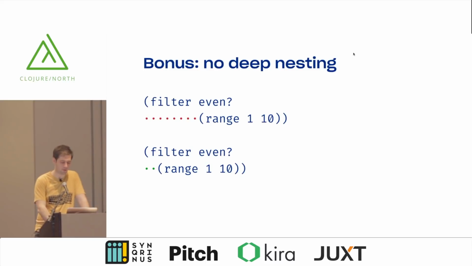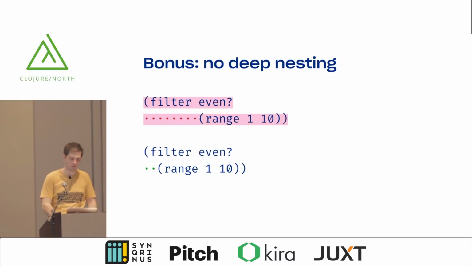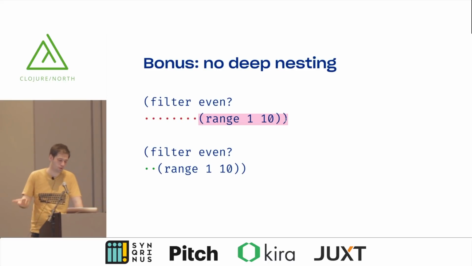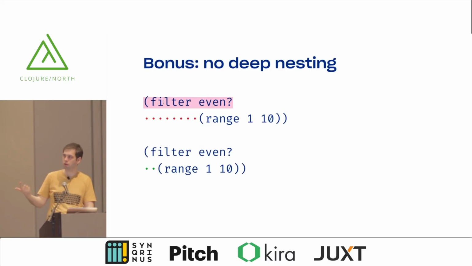With this type of formatting, if you have a long function name, your next form will be moved way too much to the right. This is not a good thing, in my opinion, because it's only nested 1 level deeper, but it's far to the right. And when you scan the code, you don't understand why this form is so far ahead on the right.